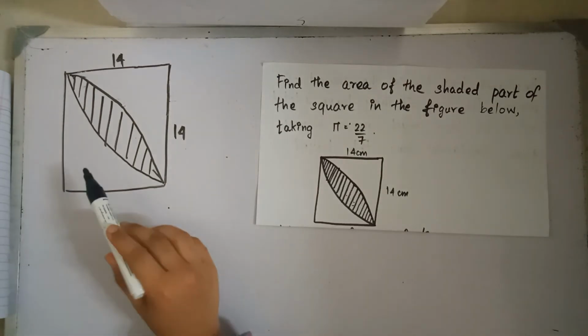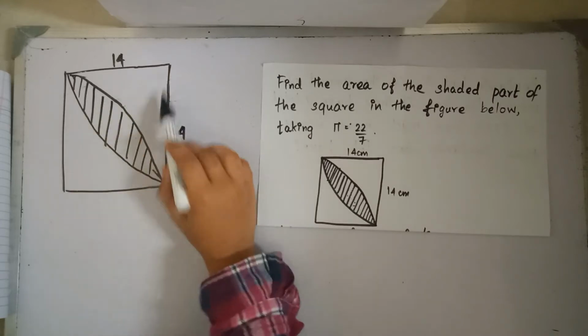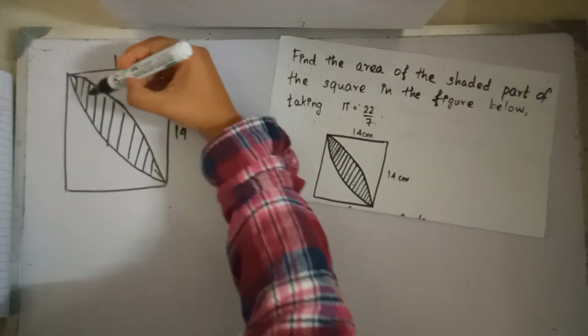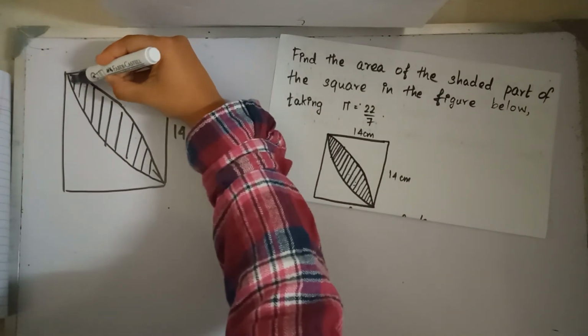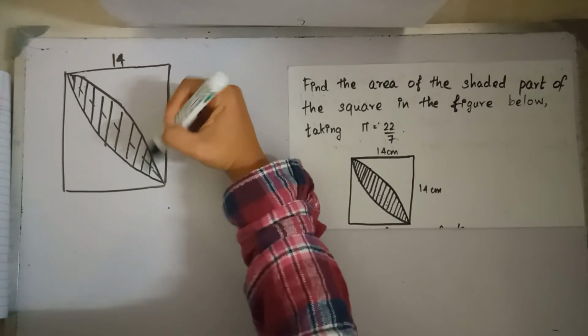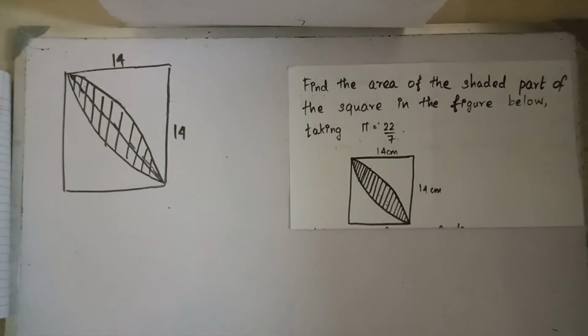Here, how do we find a known figure? We have a square over here. Let's see whether we can make it into a triangle. Now, the division of the square into 2 along its diagonal like this will give a triangle.